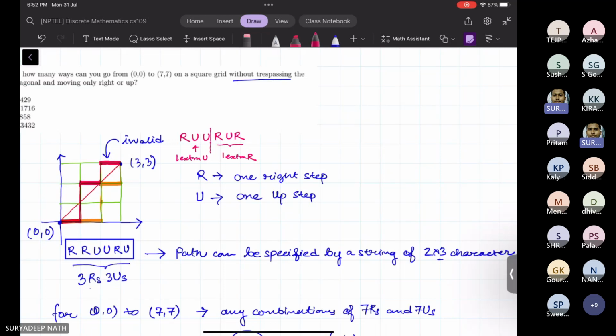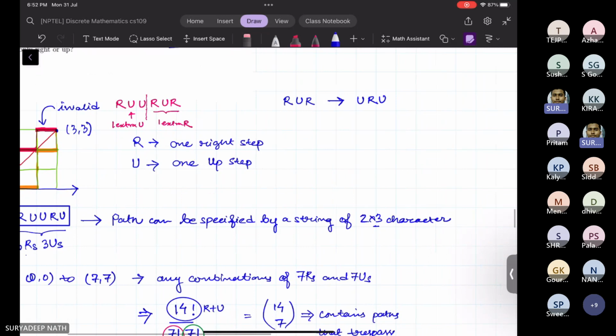So how will we count these invalid paths? For that, a simple trick is applied, where we do a mapping. If you see this part R U R, you can get a 1-to-1 map to U R U. For any path that you take, if you flip the U's and R's, you get another unique path.